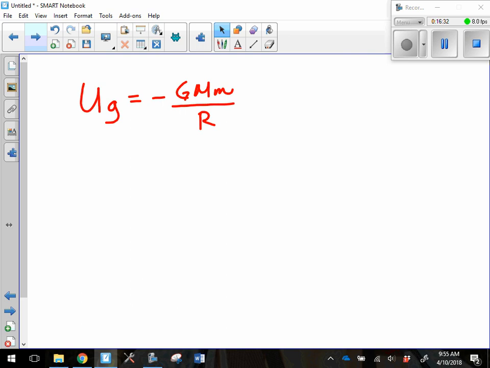So it doesn't necessarily have to be a constant value for R. And if both of these objects are moving in elliptical orbits around a common center of mass, then the distance between them is going to change, which means that the gravitational potential energy of the system is going to change.